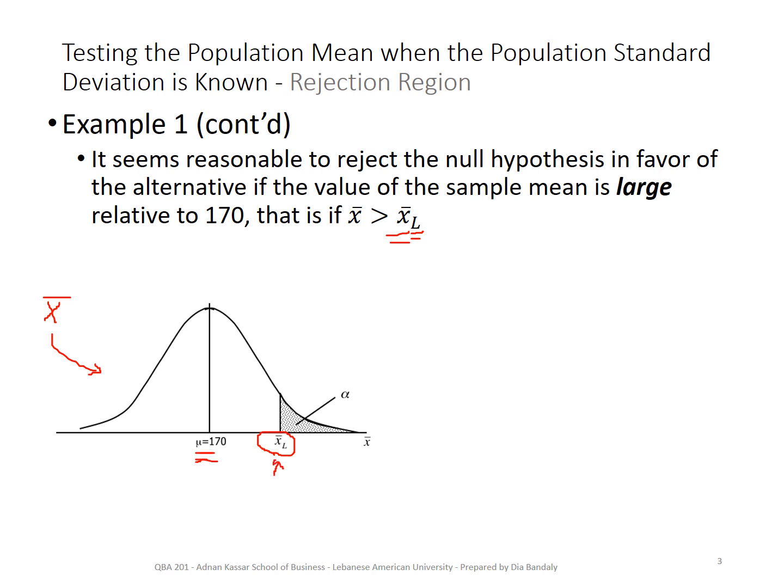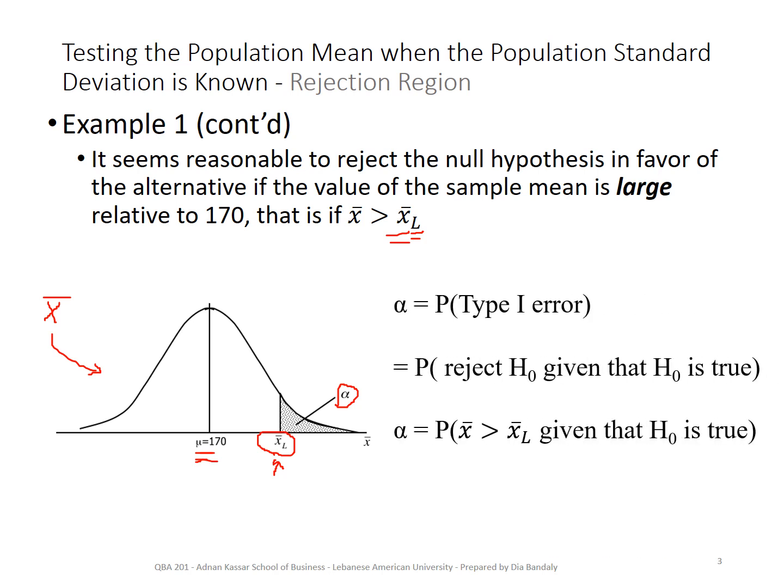This cannot be random, but instead I'm going to use the knowledge about the type 1 error, alpha. We have already defined alpha to be the probability of type 1 error. So yes, I'm acknowledging that sometimes I will reject a null hypothesis while it was true.